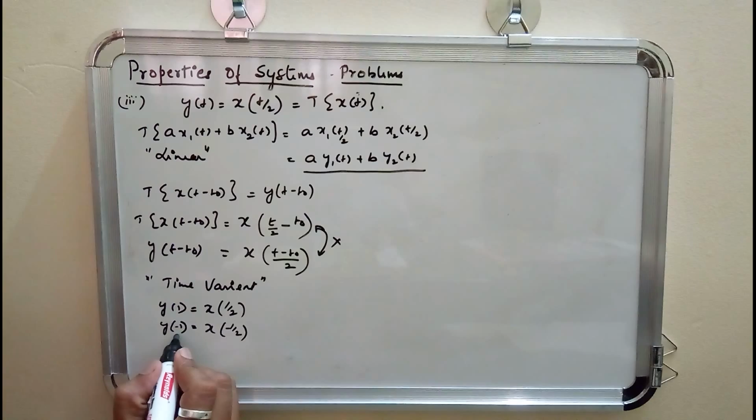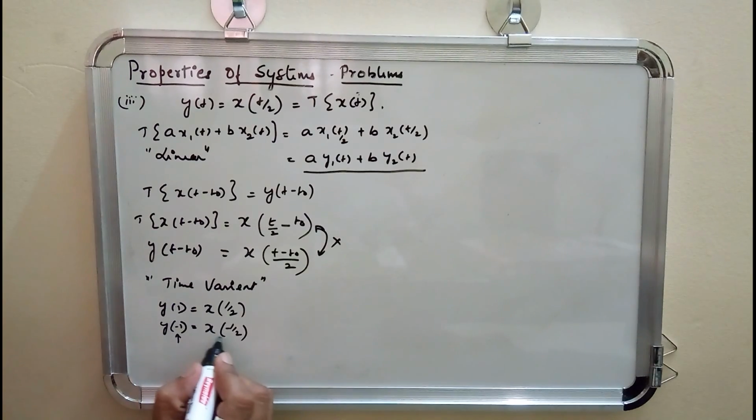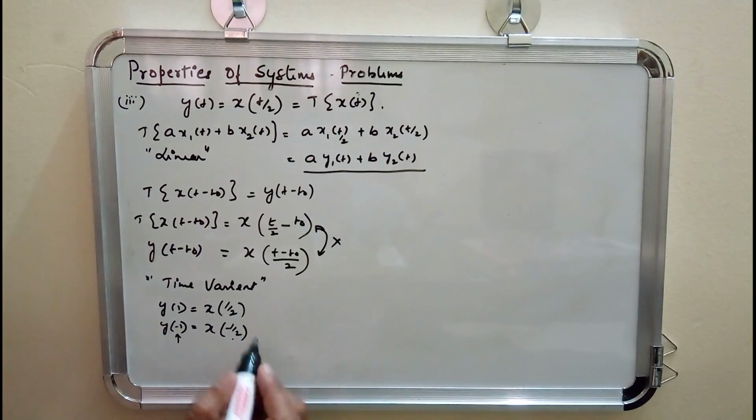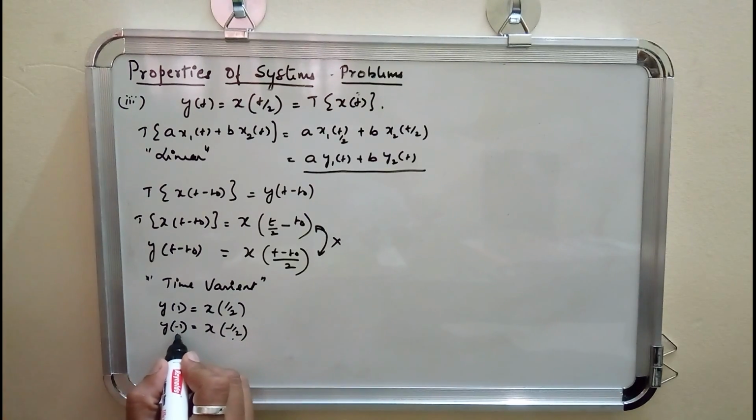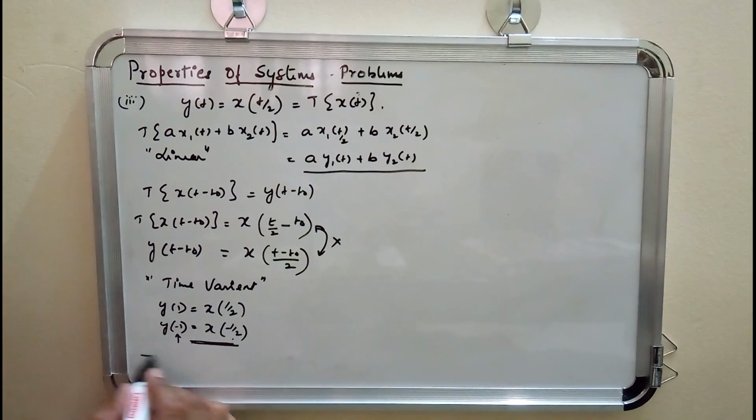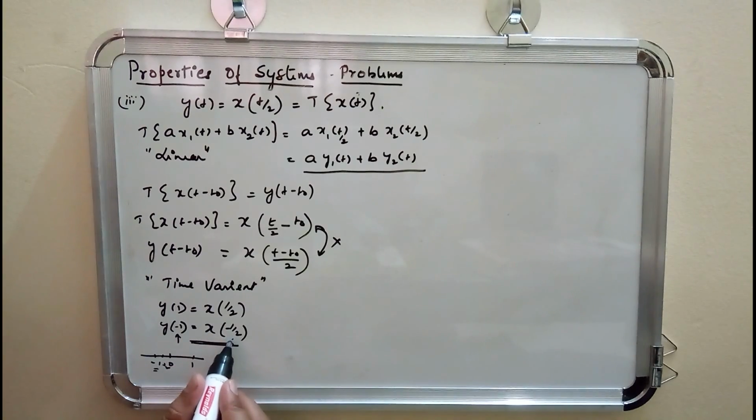Again, minus 1 is the present instant and minus half is a future instant. For causality, the output at one instant should depend upon the input at the same instant or a past instant, but not a future instant. On the number scale 0, minus 1 and plus 1, minus half comes somewhere between 0 and minus 1. So minus half is a future instant compared to minus 1. So y of minus 1 is equal to x of minus half. It is a future instant, so it is non-causal.